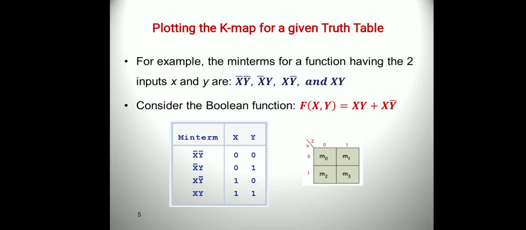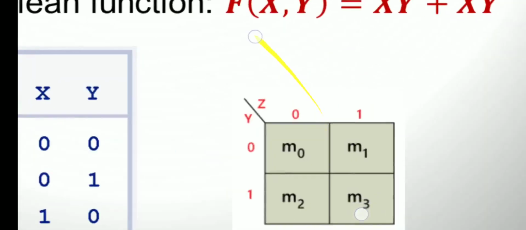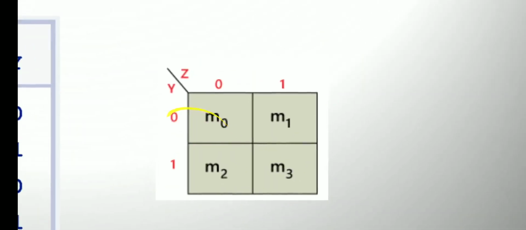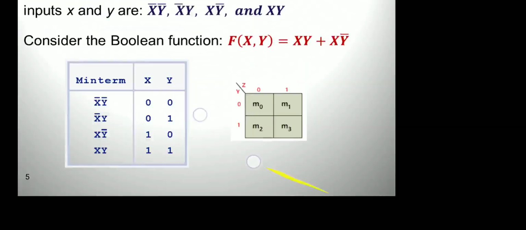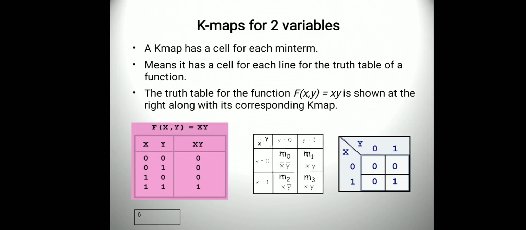This is the structure for the K-map. For 2 variables, this contains 4 cells. Now, the K-map for 2 variables. See here, the K-map has a cell for each minterm, meaning it has a cell for each line of the truth table of the function.